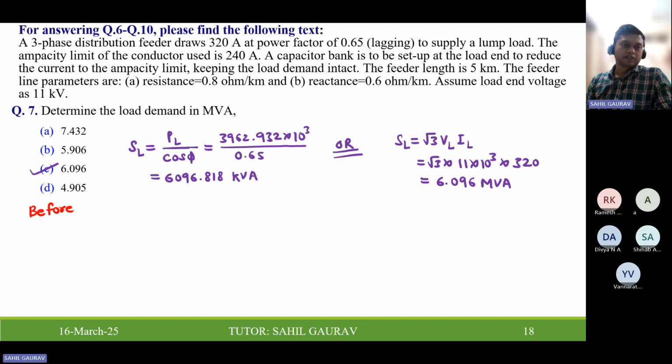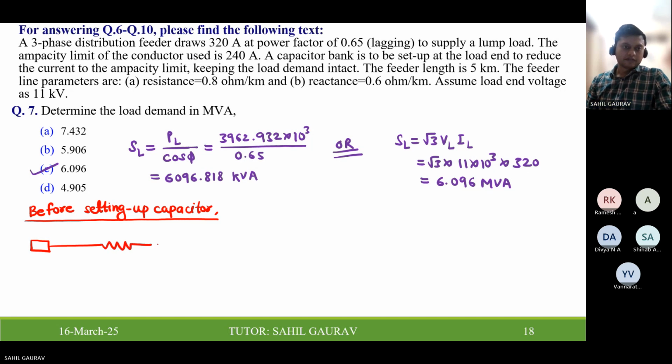So before setting up capacitor, we have substation and then feeder having impedance as given, and this is the node or bus where this load is demanding power of PL plus JQL.